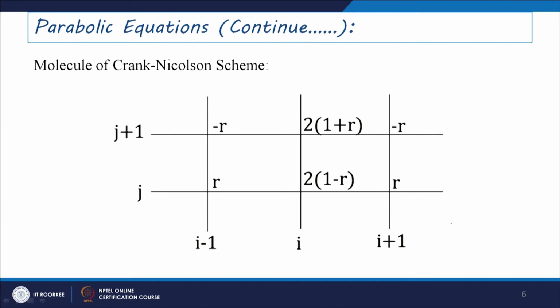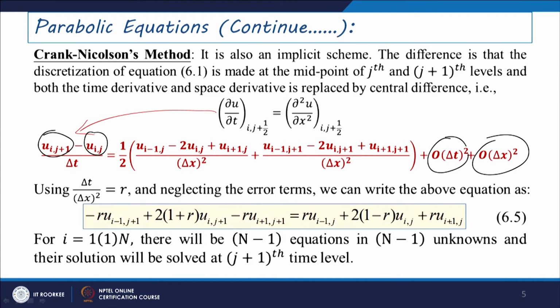If you just see the molecule of this Crank-Nicolson scheme here, we can find that at the j plus 1th level all the coefficients are, with r as del t by del x square, minus r, 2 into 1 plus r, and minus r here.